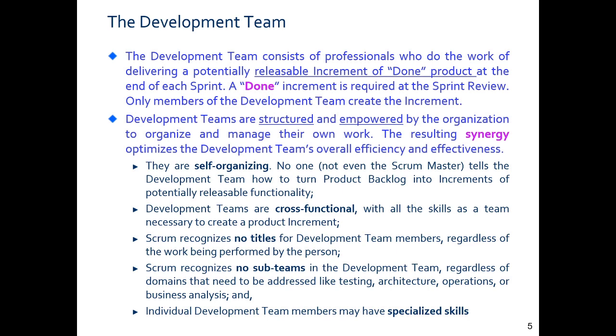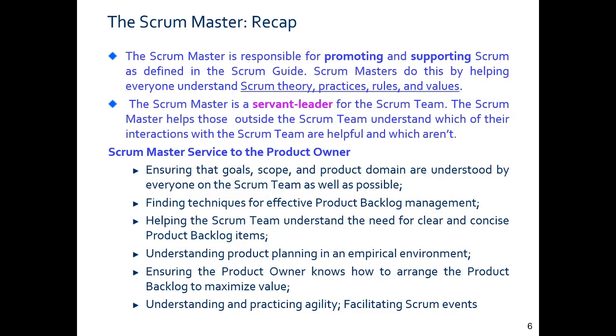There are no sub teams. Likewise, you cannot suggest that 5 to 9 members are there and under one member there are 9 people. If we do like that, then 9 by 9, 81 people will be working. So this is not the case. No sub teams are involved. The team members have specialized skills.